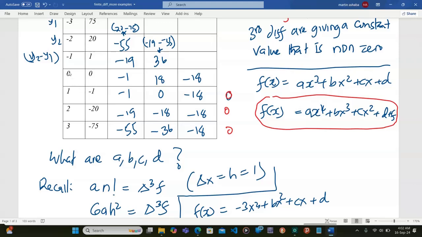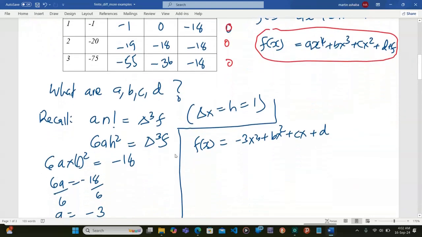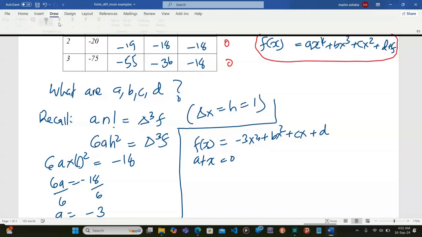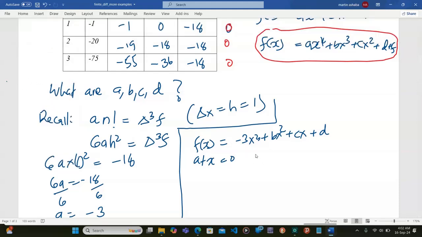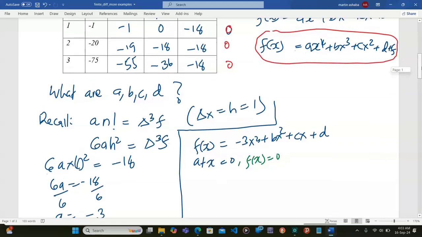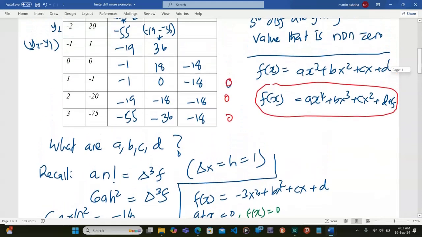If I put in from 0, at x is equal to 0, what is f of x? We have seen that f of x is also equal to 0 according to the information that we have.